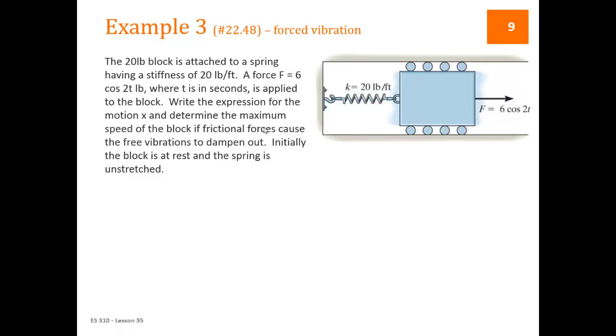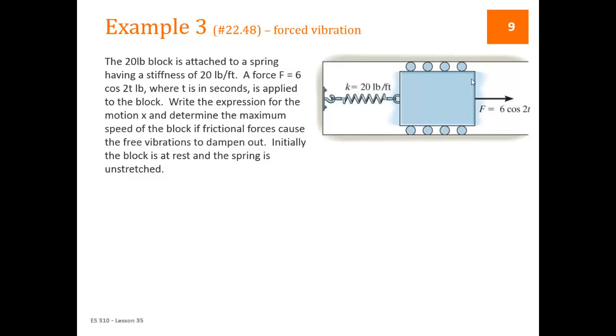We want to write the expression for the motion x, and we want to determine the maximum speed of the block after the free vibrations dampen out. And we're told that initially the block is at rest and the spring is unstretched. And then we start this cosine 2t oscillation.